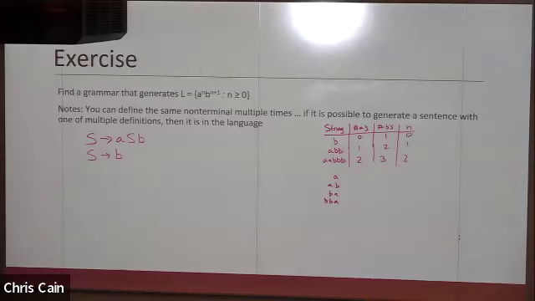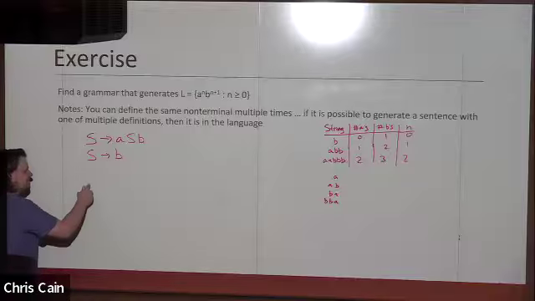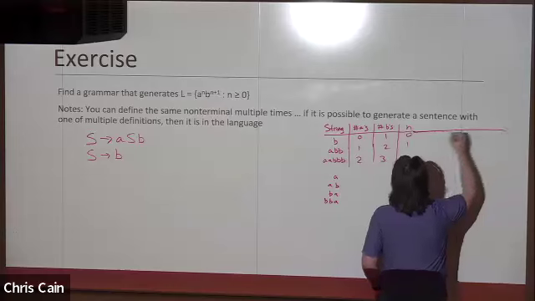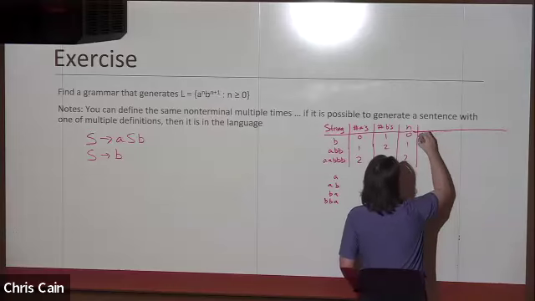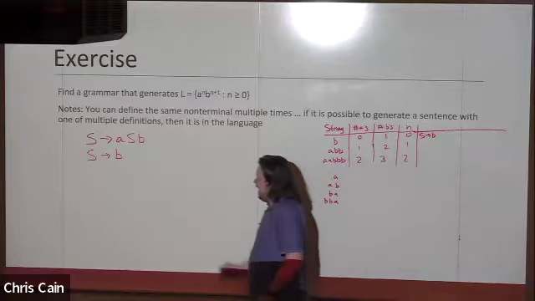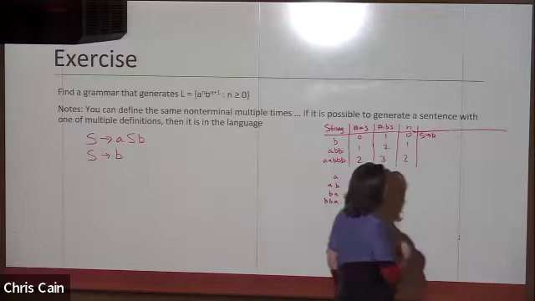Starting with the start non-terminal, how would we produce the first string in the table? S to B. I'm just going to make this reasonably long for the moment. We would say S arrow B. How would we produce the second string?